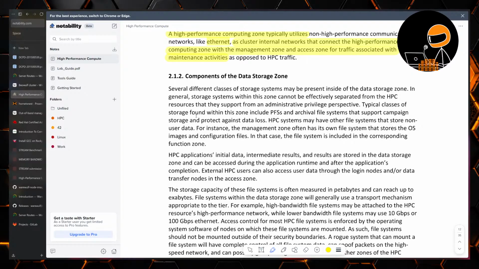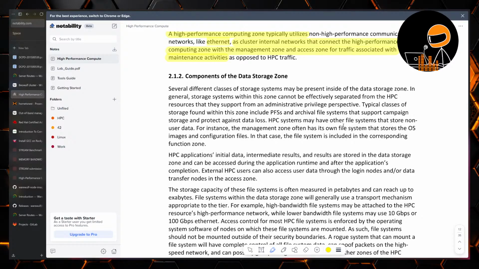Typical classes of storage found within this zone include parallel file systems and archival file systems that support campaign storage and protect against data loss.